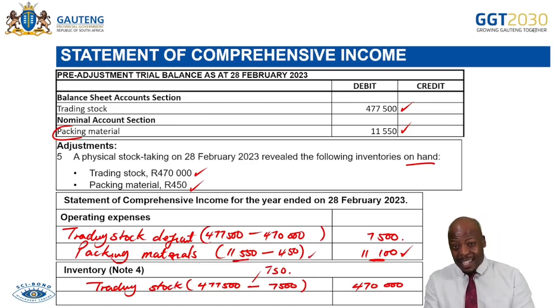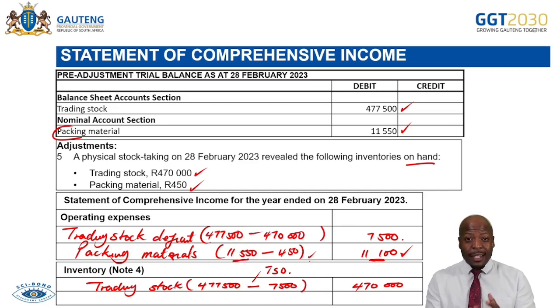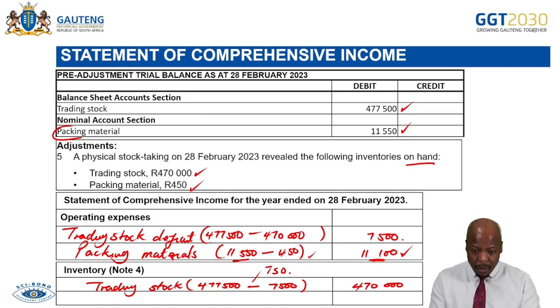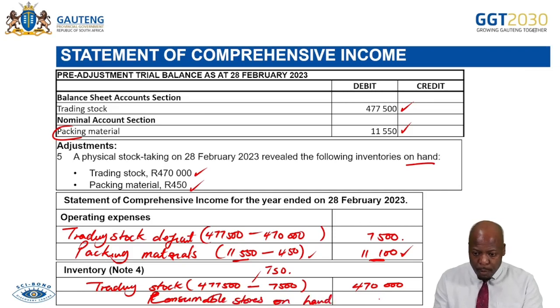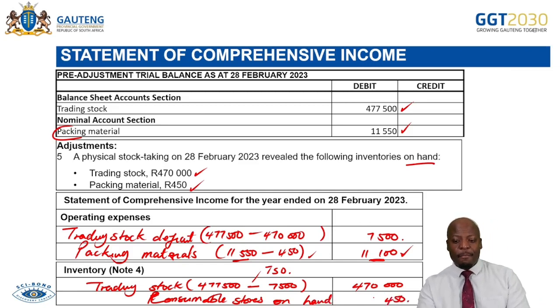That means the used is 11,100. The on hand will come down here and it becomes our consumable stores on hand. And how much is our consumable stores on hand? 450. That's our consumable stores on hand.